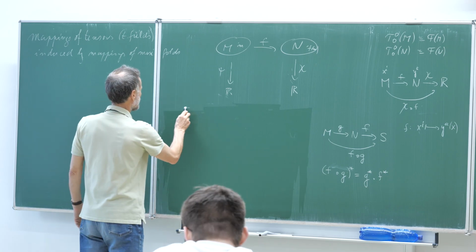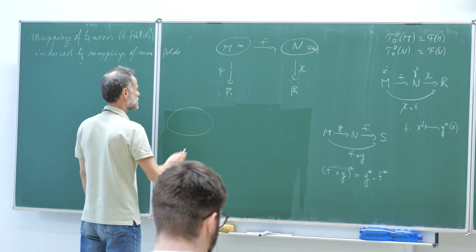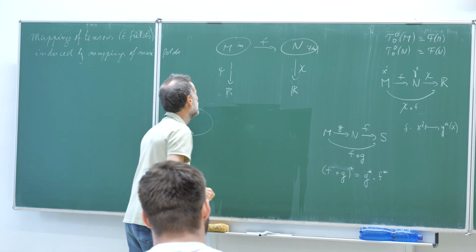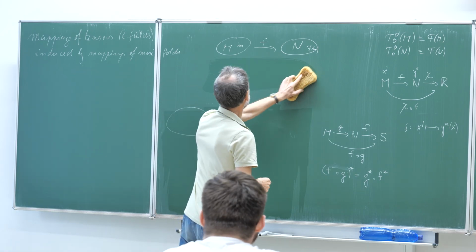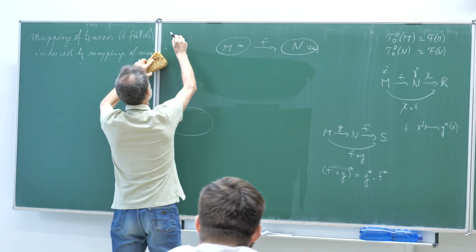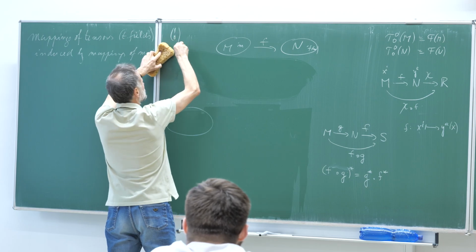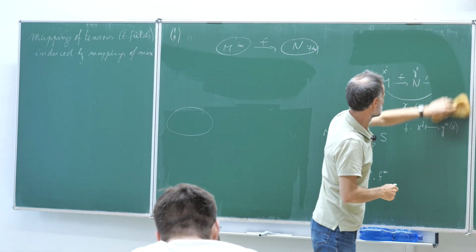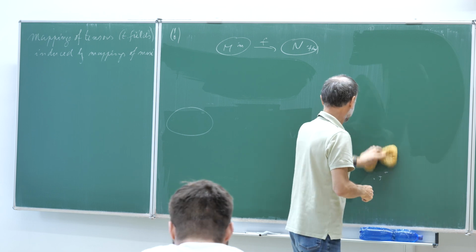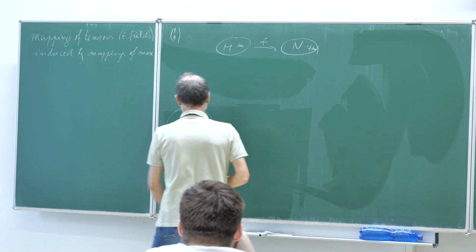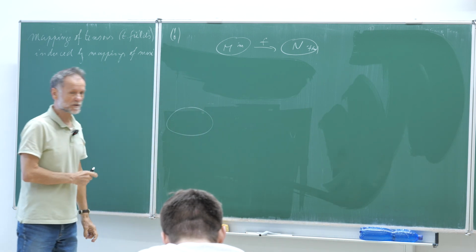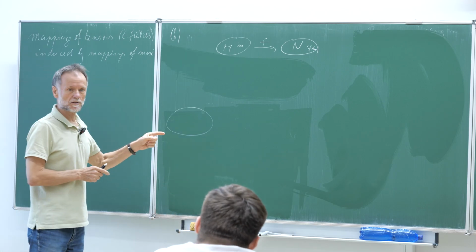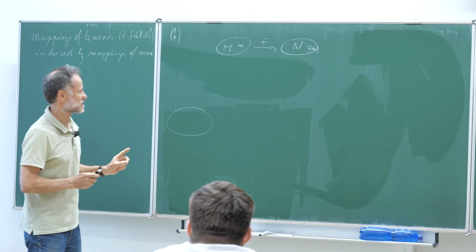And now we want something like mapping of vectors. So now we go to the case 1,0. 1,1 is already solved. And it turns out that here it should be done not on the fields, but on the vectors themselves.